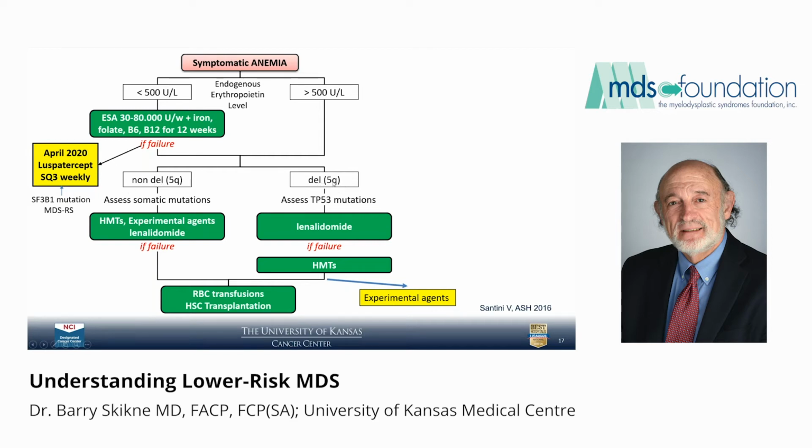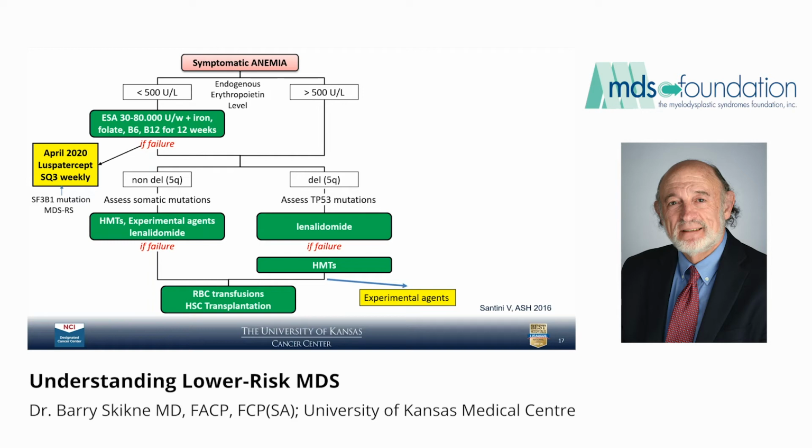If a patient has deletion 5q, we also would like to know, are there specific mutations, especially this TP53 mutation, that we know if that's there and a patient's treated with lenalidomide, it may hasten the onset of progression of the disease and perhaps even hasten the occurrence of AML.